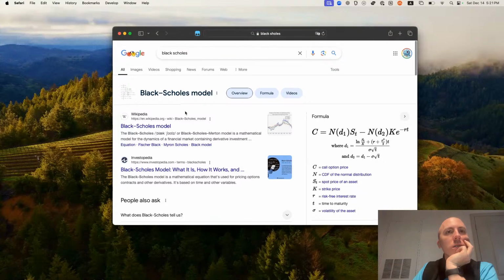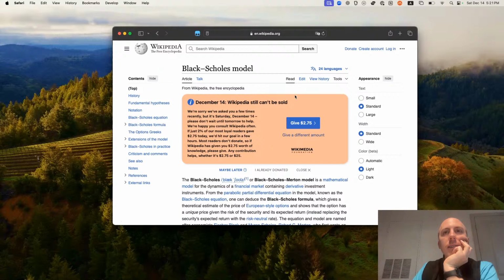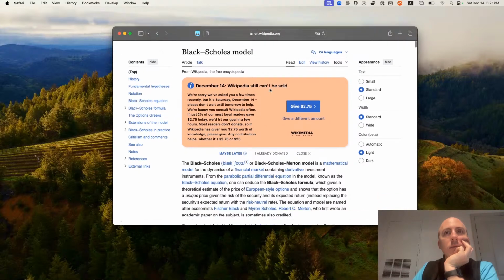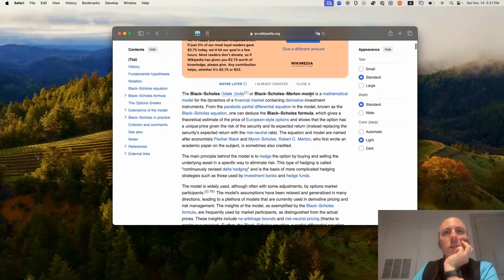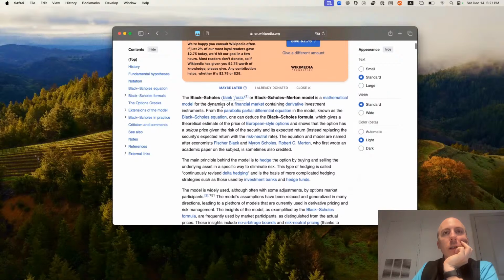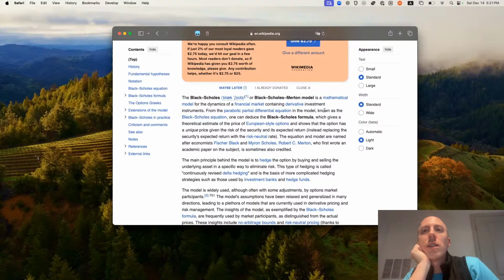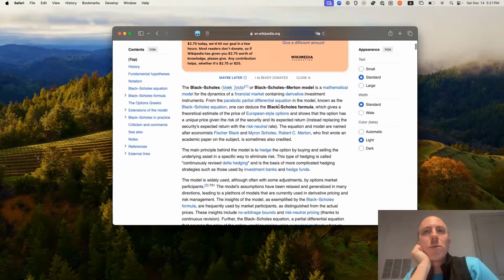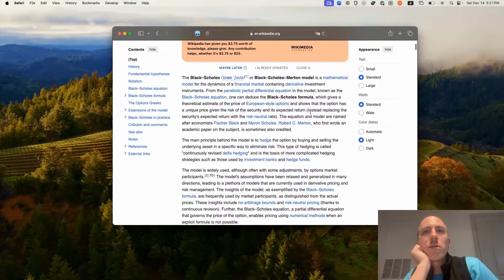Scholes. Let's see. Mathematical model for the dynamics of a financial market containing derivative investment instruments. From the parabolic partial differential equation model, the Black-Scholes equation, you can deduce the Black-Scholes formula, which gives a theoretical estimate on the price of European style options.